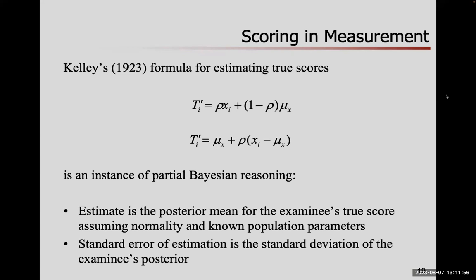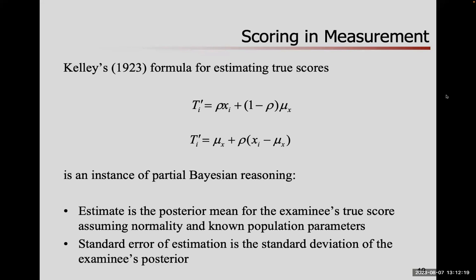If you specify a model where observed scores are normally distributed around the true score, that is, errors are normally distributed, and you know the reliability and so on, and you do the Bayes inference, you get a posterior distribution for each person's true score. The posterior mean, our point estimate or point summary, is exactly what Kelley's formula gives you.